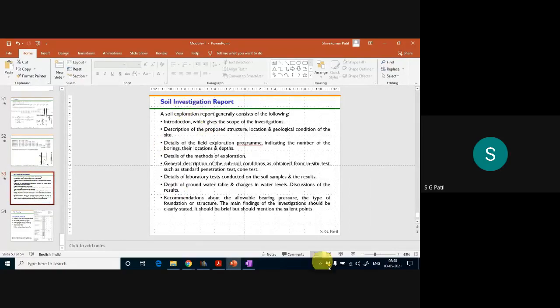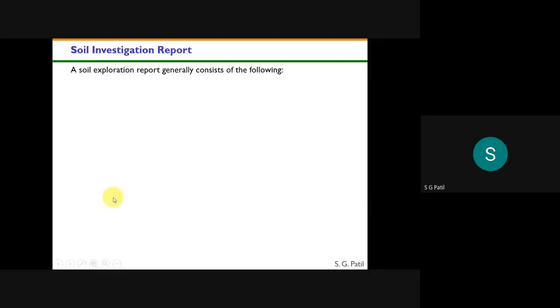The last thing is the soil investigation report. Till now you have carried out all the tests, and you know the type of soil below the ground. But how will you convey this message to your structural counterpart?